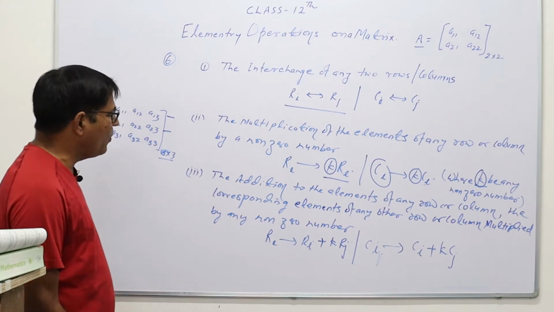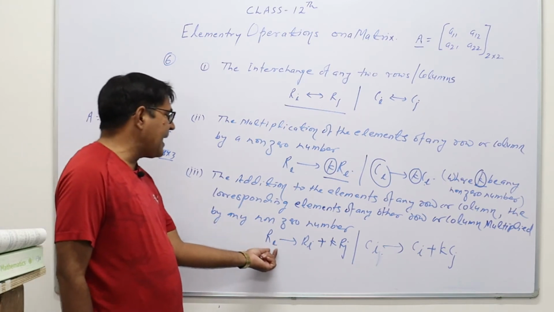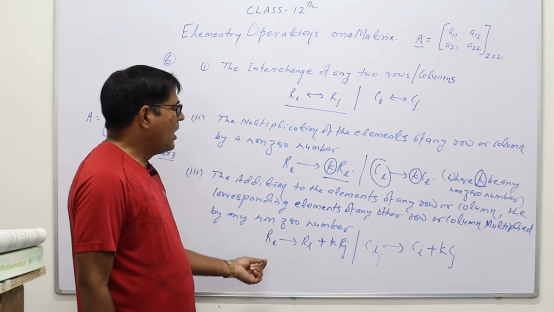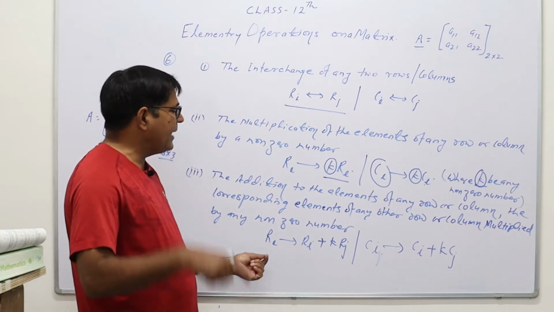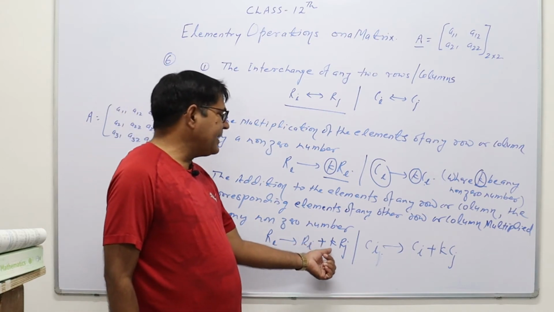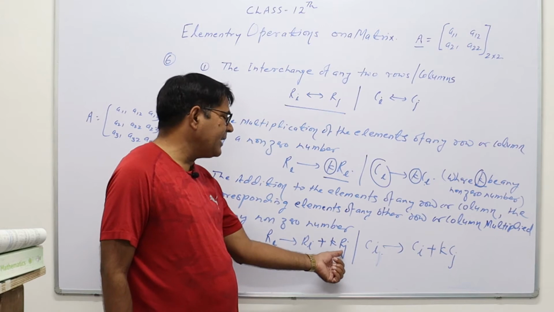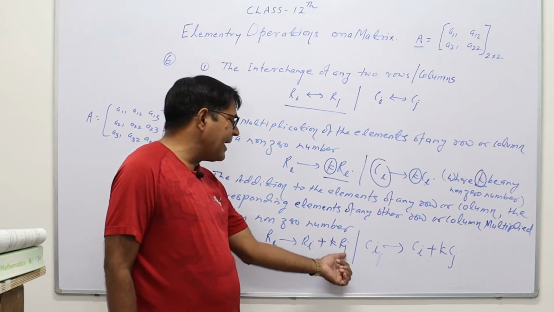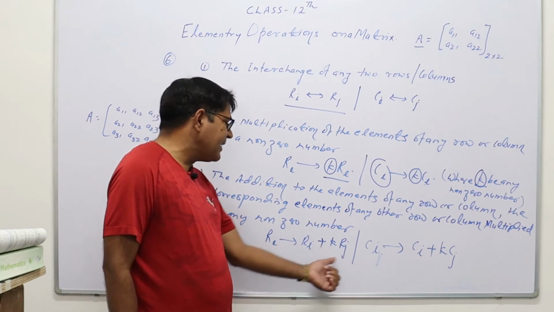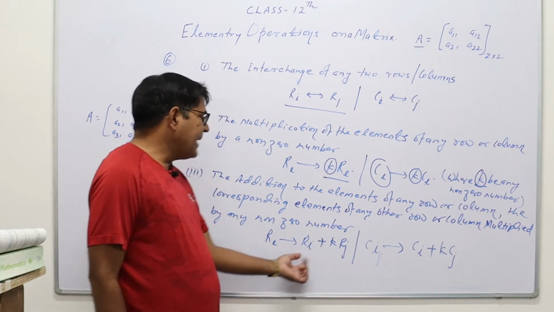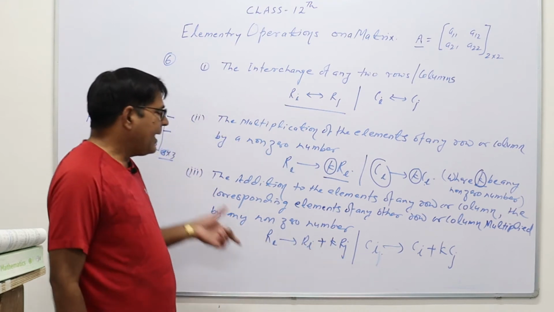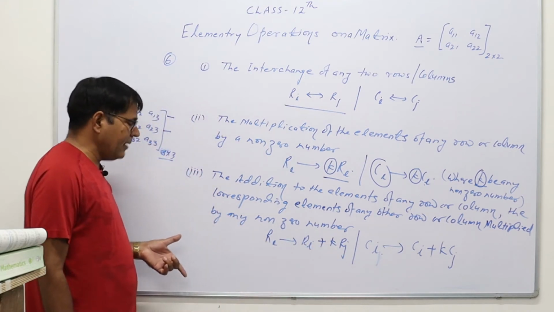What we can do is, if we have to change the ith row by adding a scalar multiple k of the jth row, then multiplying the jth row by the scalar gives kRj. Adding this kRj to the ith row, Ri plus kRj is one elementary transformation.